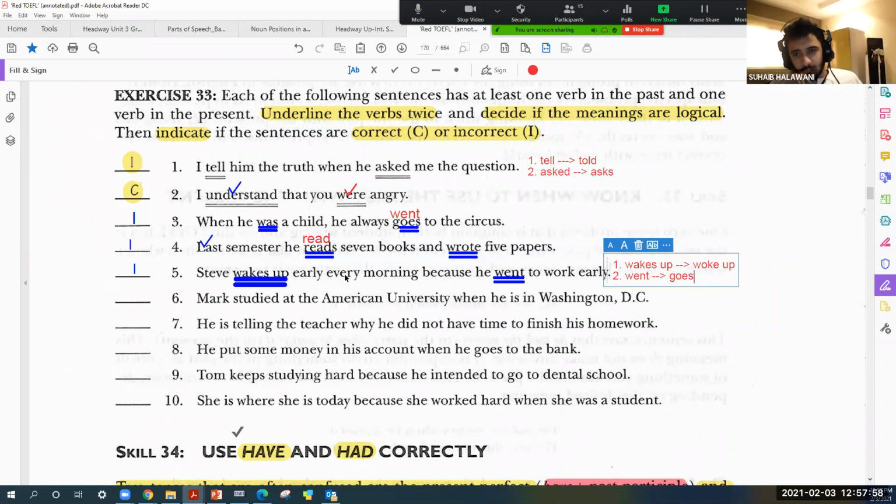Yes. So we'll just say Suhaib woke up early every morning last semester. Why? Because he started class early.